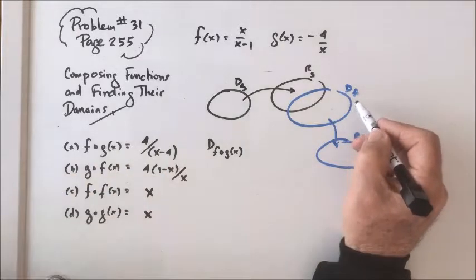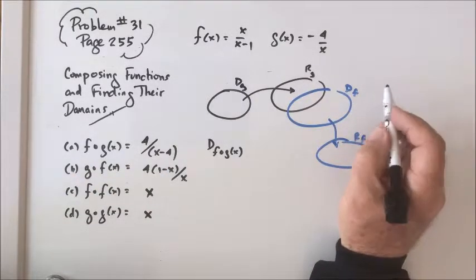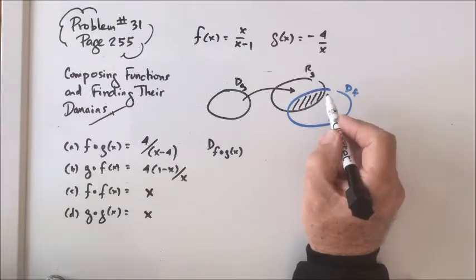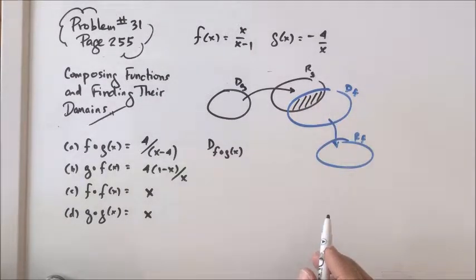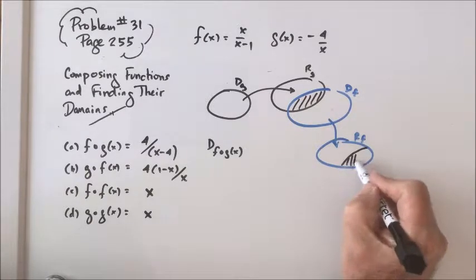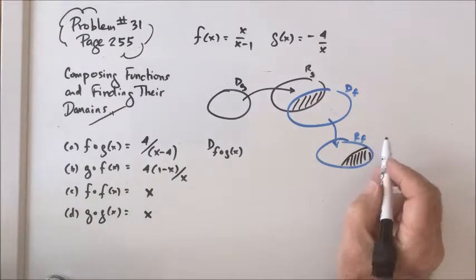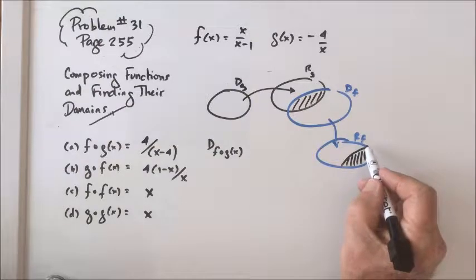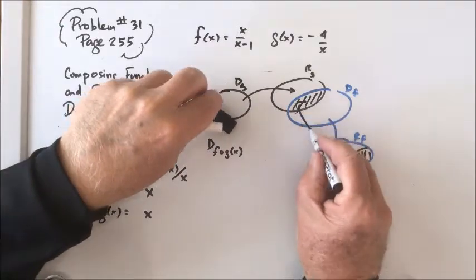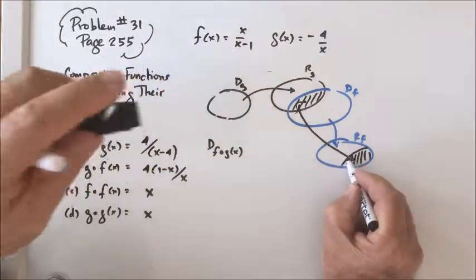It can be put into the function f, right? And therefore it's only this little fraction, I wish I had written that in a different color, that maps into a fraction of the range of f.